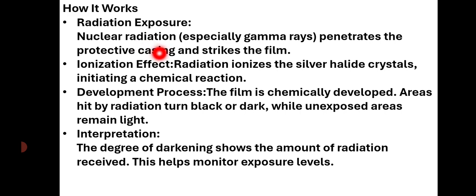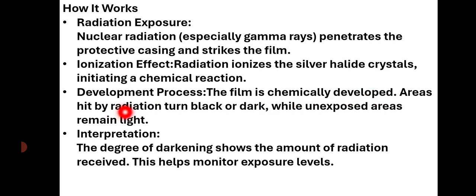Right, so the second stage, which is ionization effect, radiation ionizes. To ionize means to turn the silver halide into ions, and this brings about a chemical reaction. Then the third stage is called the development process. So the film is chemically developed.